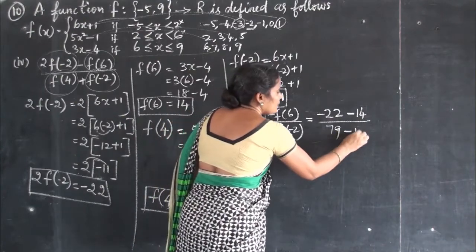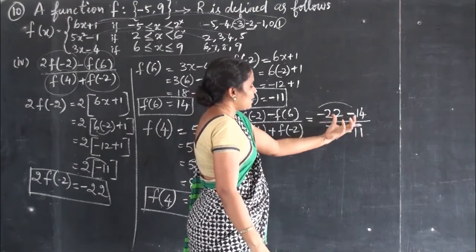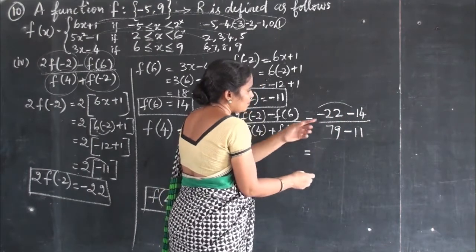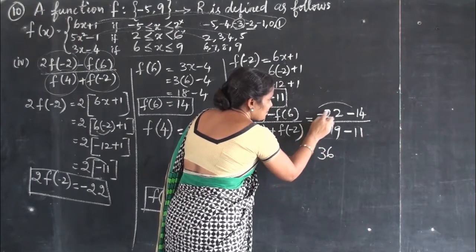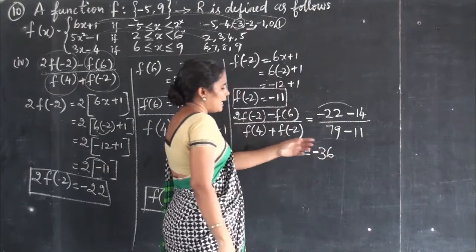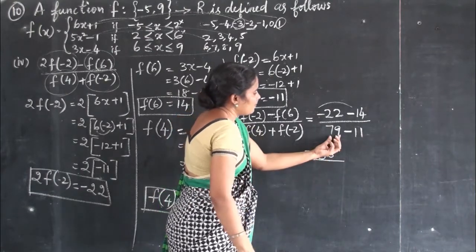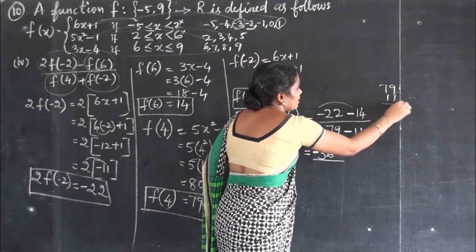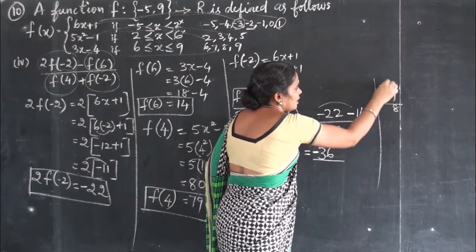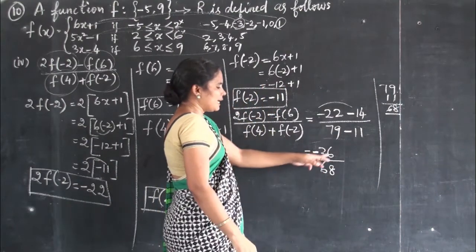Okay, right? Minus 11. Here we have the same sign, 22 and 14. So for 22 and 14, same sign: add and put a minus sign. Here we have plus and minus, so 79 minus 11 is 68. Okay. Either you can cancel it.